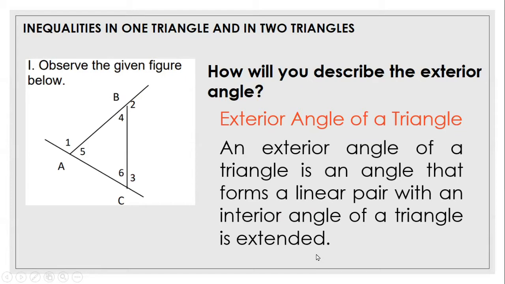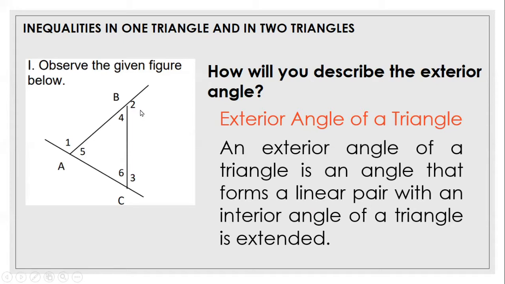So, sa madaling salita, yung isang side ng triangle, kapag in-extend, doon tayo magkakaroon ng exterior angle. Halimbawa, si segment AB, kapag in-extend natin yung line na yan, magkakaroon tayo ng exterior angle.